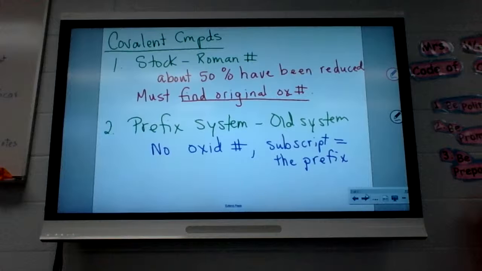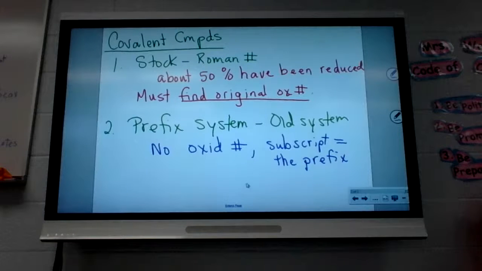Want to take a stab at how many points are in stock system? A lot. 40 some. Okay? So if you can't keep it straight in your head, which one am I telling you not to be able to use? Prefix. Yep. Okay. Just making sure we understand which one's more important.